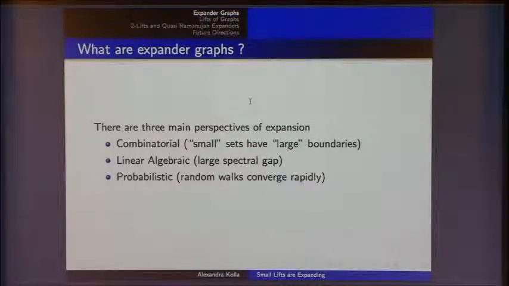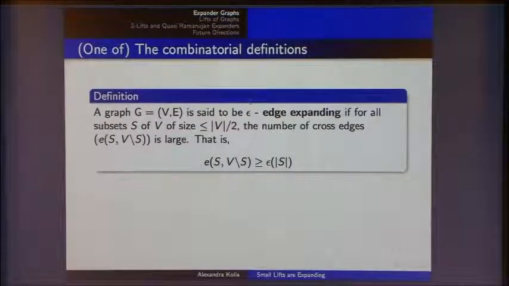And I want to say what a spectral gap is. We want a large spectral gap. I'll define what that is in a second. And the third one is probabilistic. So we want random walks on expander graphs to converge rapidly. I guess we want random walks on graphs to converge rapidly. Expanders achieve that.